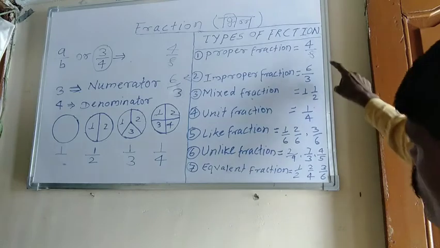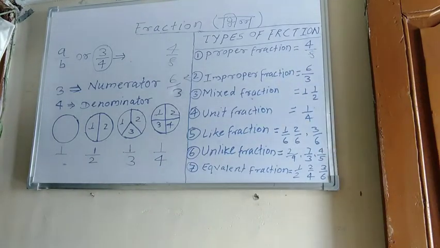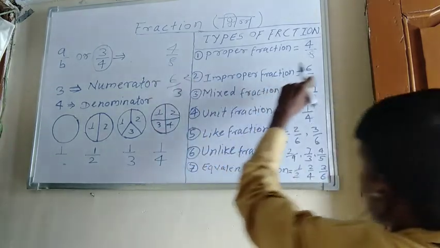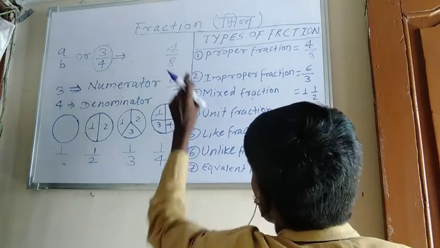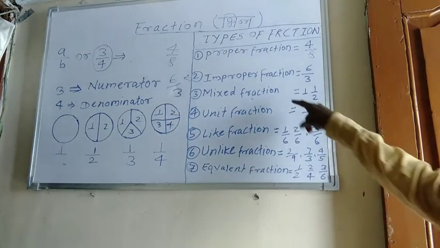These two are opposite. In a proper fraction the denominator is greater, and in an improper fraction the numerator is greater.